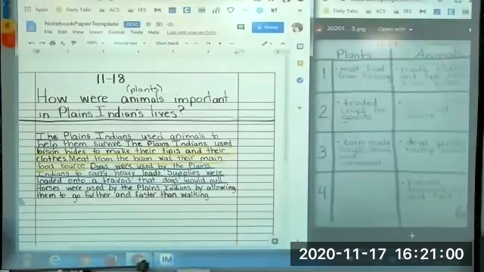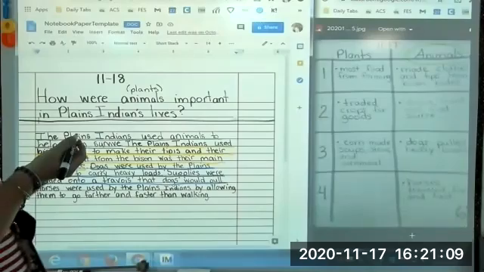Why do they need to go farther and faster? What were they chasing? They were trying to chase down the bison herds. So I want to add that in here.